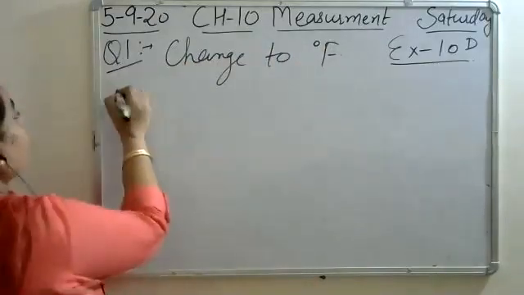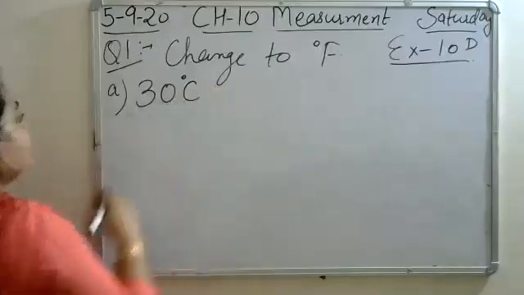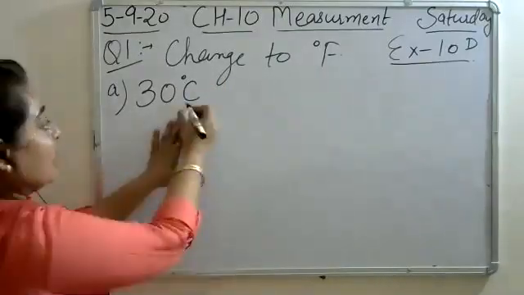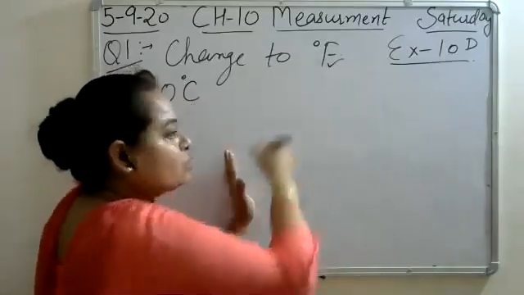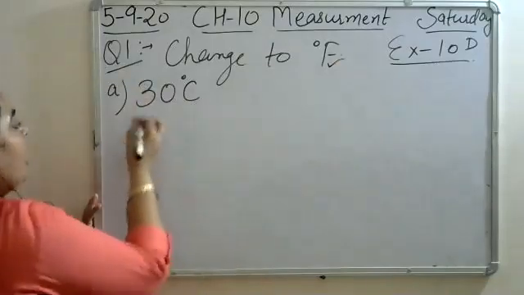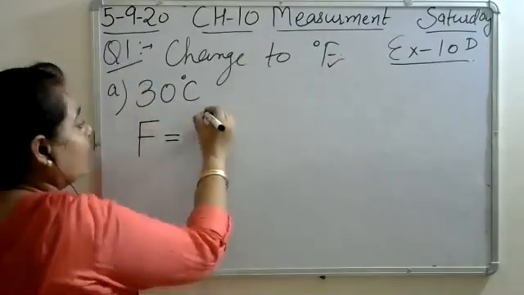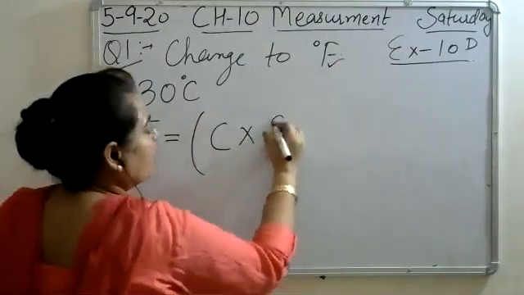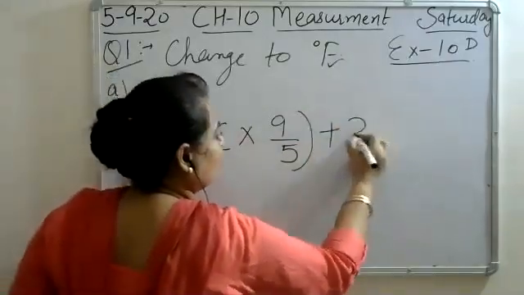In the A part, 30 degrees Celsius is given, and the question is to find degree Fahrenheit. So we will apply the formula: Fahrenheit is equal to, under the bracket, Celsius into 9 by 5 plus 32.